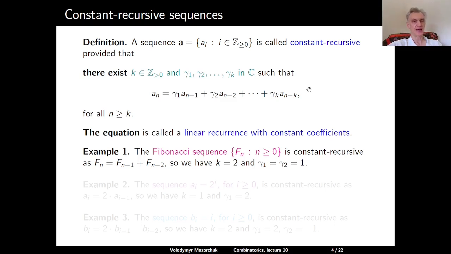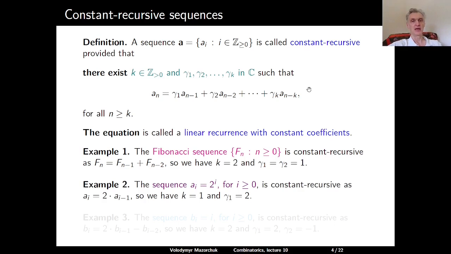So here we have k is equal to 2 and gamma 1 and gamma 2 are both equal to 1. Example 2. The sequence given as follows, a_i is equal to 2 to the power i, where i is a non-negative integer, is also constant recursive, because here a_i is equal to 2 times a_(i-1) for any i greater than or equal to 1. So we have k is equal to 1 and gamma 1 is equal to 2.